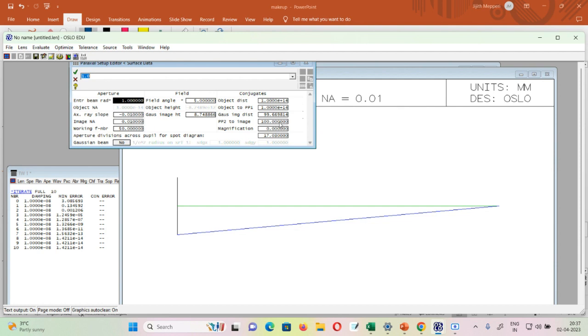Since our lens has a small thickness, the principal point 2 is actually coming a little bit inside, such that the principal point 2 to image, that's actually the focal distance, and focal distance as well as the image distance are the same. Okay.